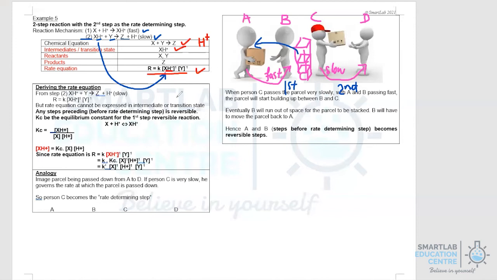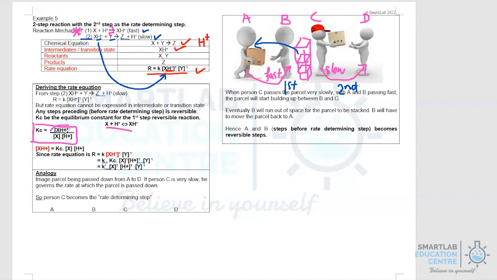So how do we now manipulate this rate equation to one whereby the rate equation is expressed in terms of the concentration of reactants? The way to do that is to examine your step 1. So step 1 holds the key to it. As explained earlier, even without being told, you will know that if the second step is the rate determining step, the first step will have to be reversible. Since the first step is reversible, as indicated here, we can now have a Kc expression for it, whereby Kc is an equilibrium constant. So the Kc is a constant value, which only changes with temperature.